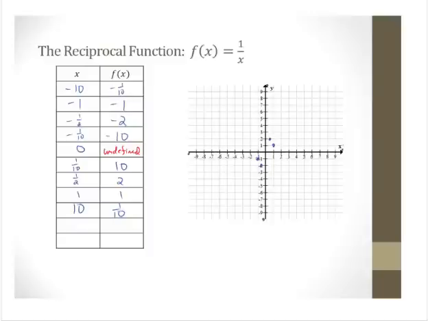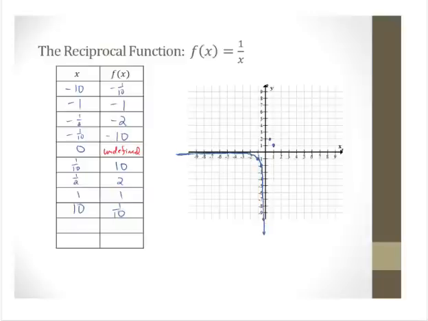Now we could plot some other points if we wanted to, but what generally happens is, coming from the left, the curve starts very close to the x-axis, and then very slowly decreases until we get near negative 1, negative 1, and then it begins to rapidly decrease. And it gets very close to the axis.